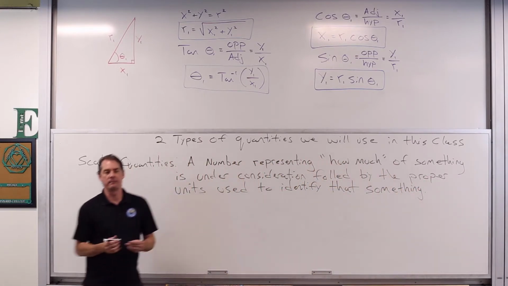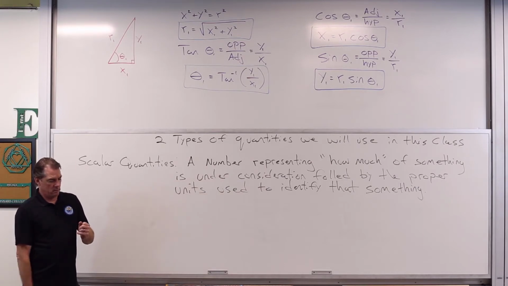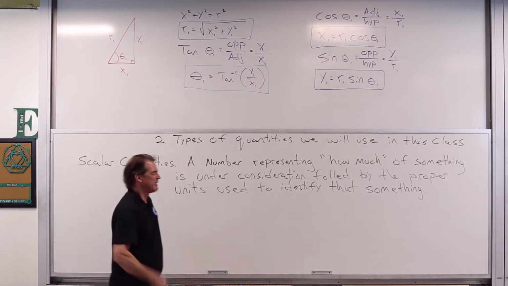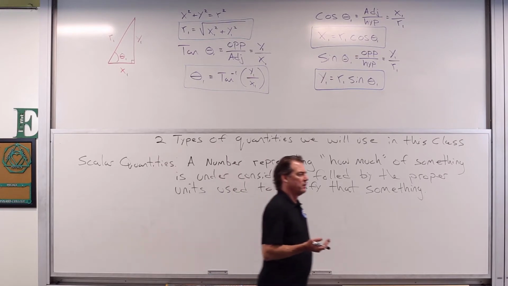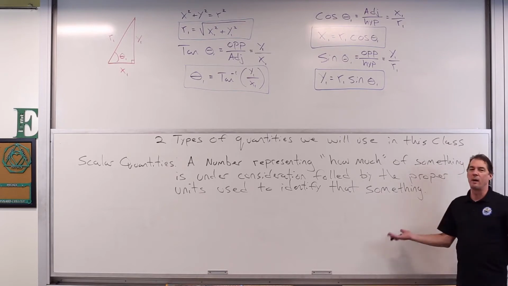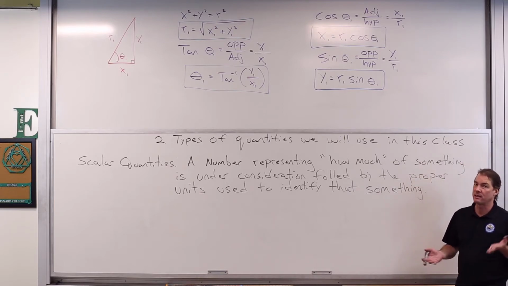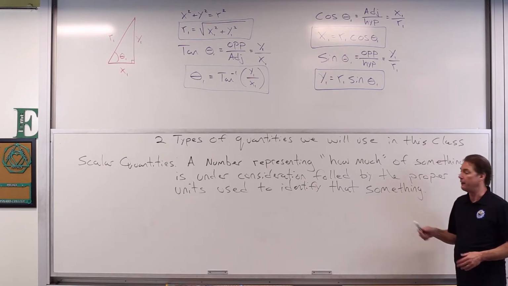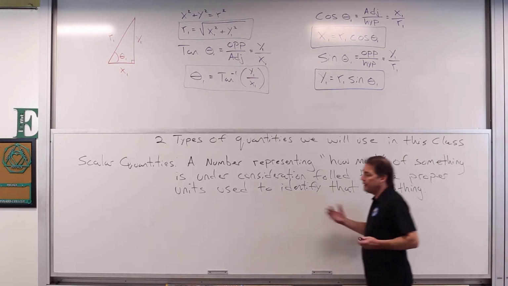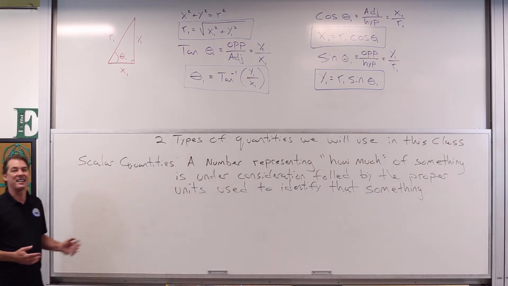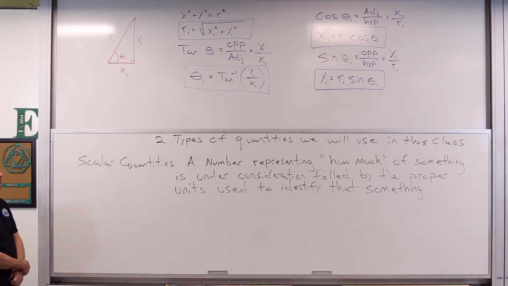I can say 10. Okay, 10 what, right? Oh, 10 meters, or 10 seconds, 10 hours, 10 days, 10 kilograms. When I throw some units on it, it has some meaning. Without the units, it's just a number. We don't want to just deal with numbers, because this isn't just a math class. We utilize math, but we're talking about physical quantities here. So a scalar quantity is some number with the proper units that identify what that number is supposed to be representing: how much of something.